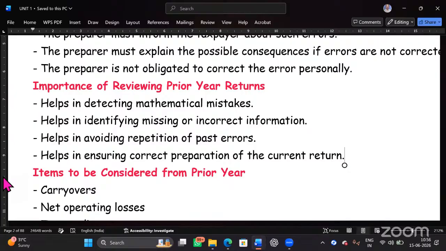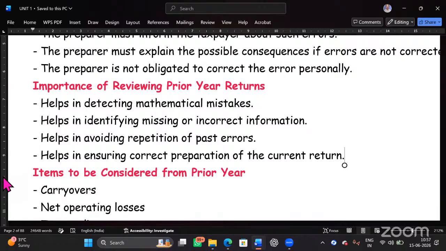Because the preparer is verifying the last year return, the preparer asks the taxpayer: last year you included interest income along with the salary income, but in the current year you are including only salary income. Why are you not including the interest income in the current year? In this way, the preparer inquires of the taxpayer.